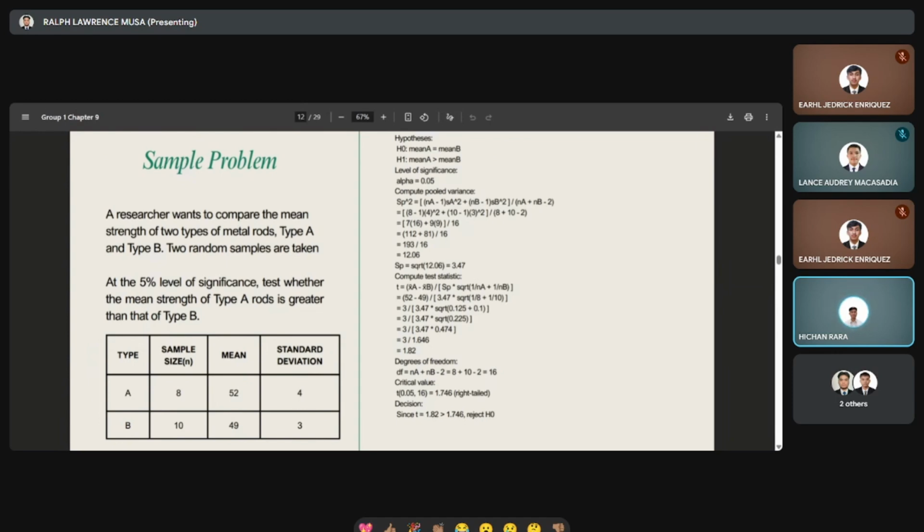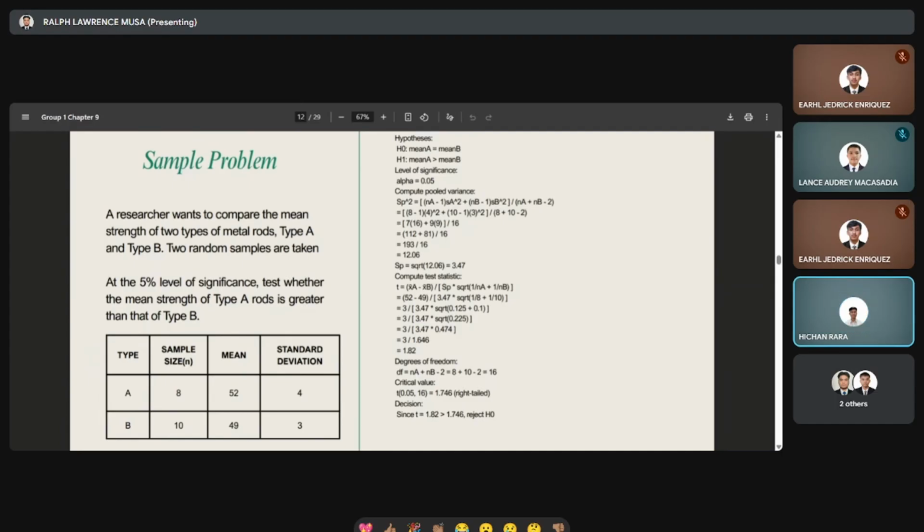Then we will test if type A is stronger at 5% significance level. So solution natin, set our hypothesis. Mean A equals mean B. Then hypothesis 1 natin is mean A greater than mean B, ba yan? Tama.